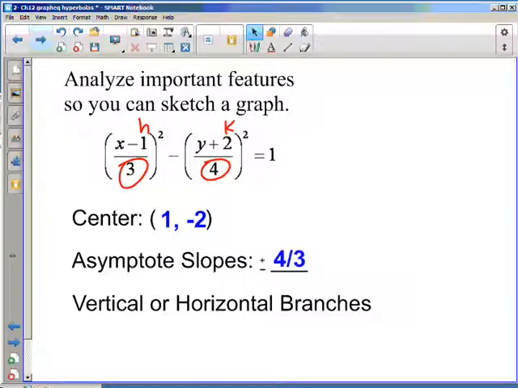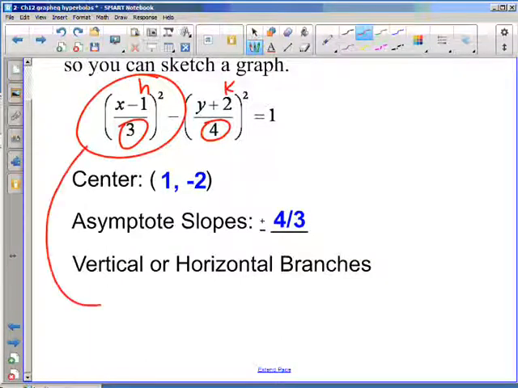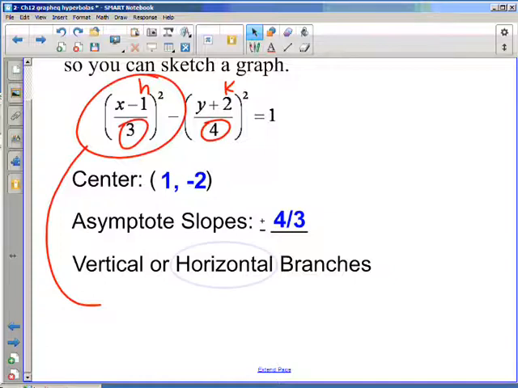In this case, we'd have plus and minus 4/3. We'll show you what that looks like on the graph on the next slide. And then last, will this have what we call branches that open up and down, or left and right? Looking at which term is positive, the x term is positive, so we would expect a horizontal set of branches.